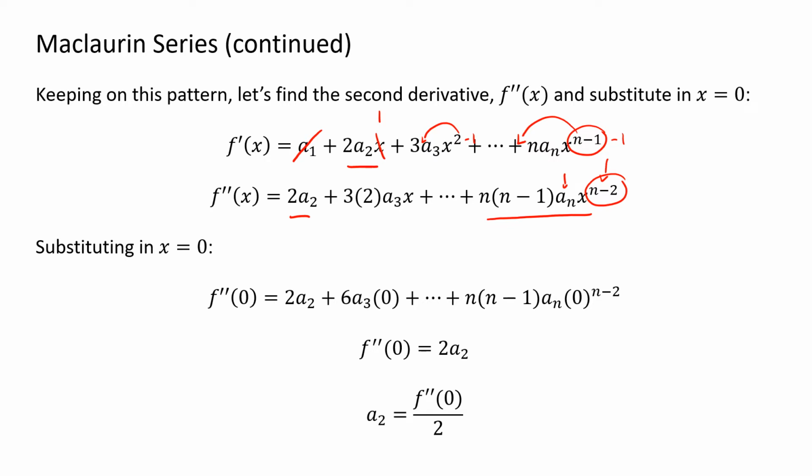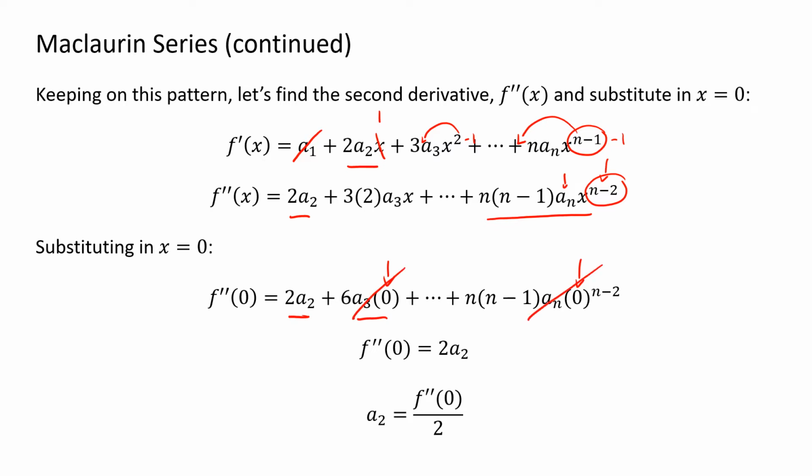In this case, substituting in x equals 0, again you see something that happens here. The a2 term remains because it doesn't have an x, but the remaining term, 6 times a3 times x, you substitute x equals 0 for both this term and the final one, which is just the case with n, so they will both cancel.